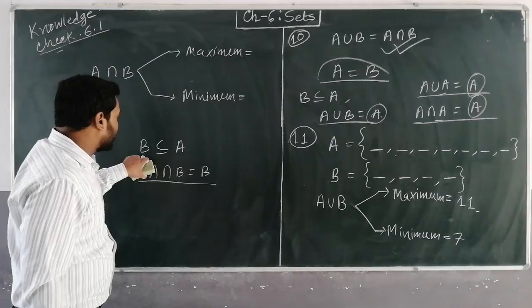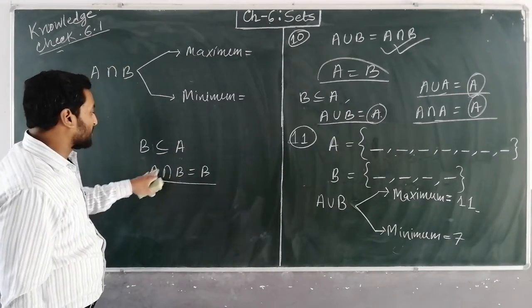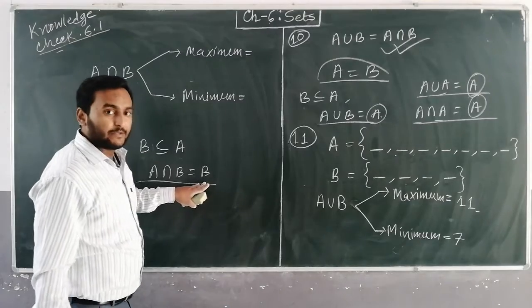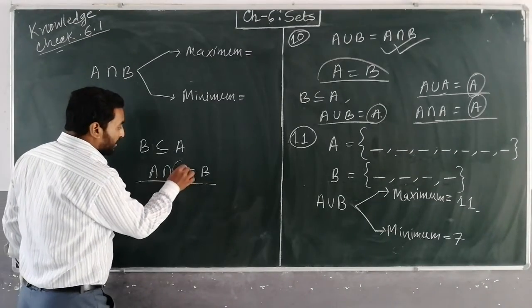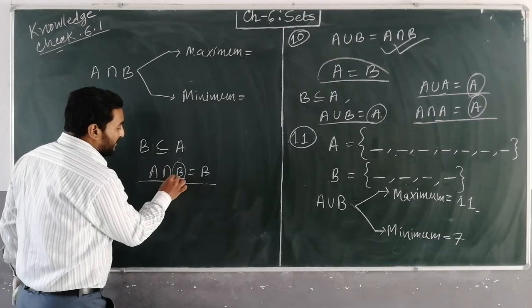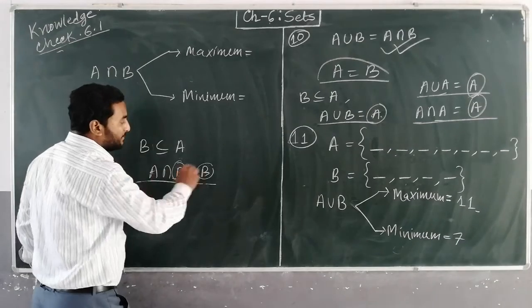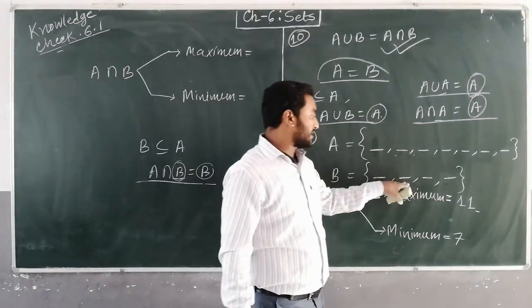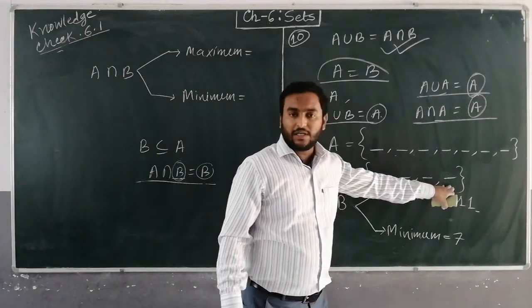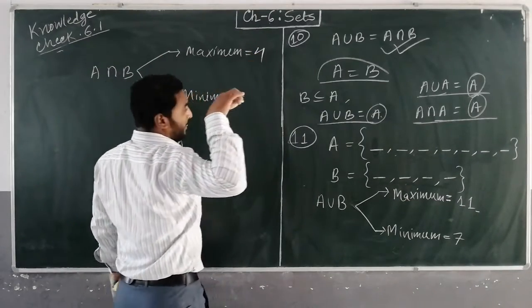If all the elements of B are common in A, the intersection will be B, because the elements of B are common to both sets. There are 4 elements, so the maximum possibility is 4.